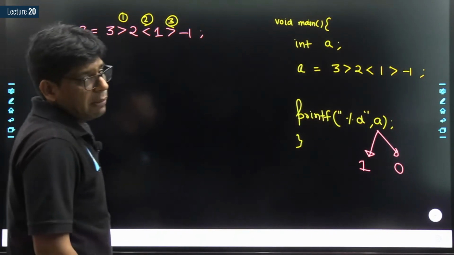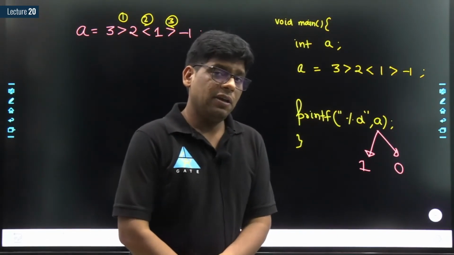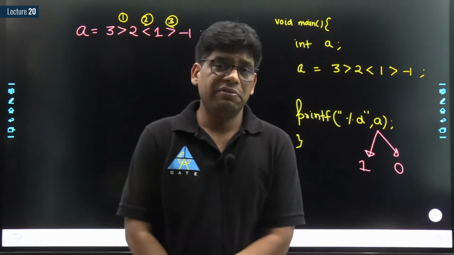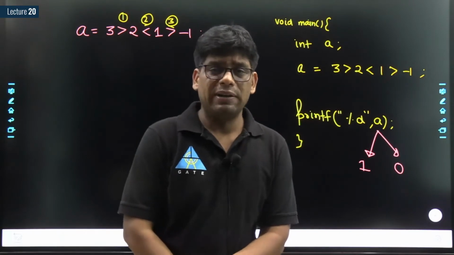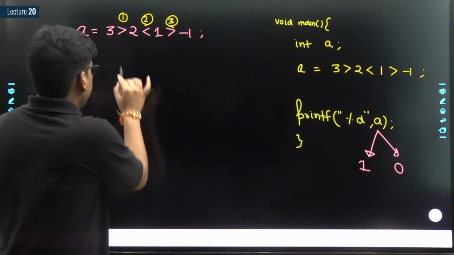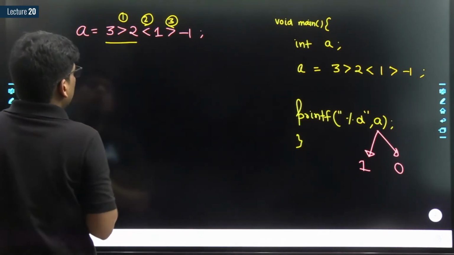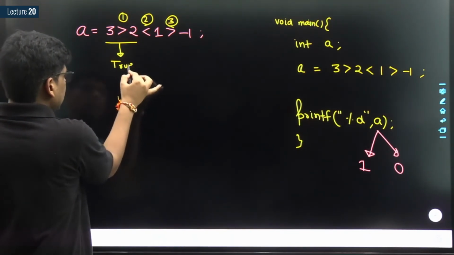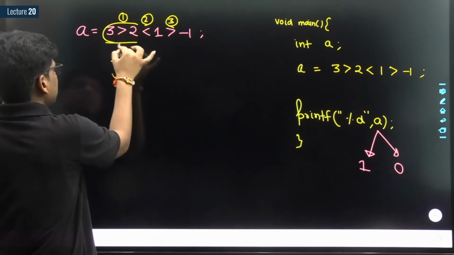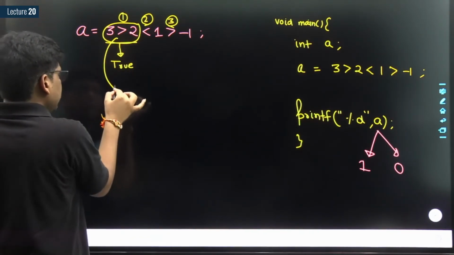Sir, when we have multiple operators with the same priority, we need to know the associativity. The associativity of all of them is from left to right. That means which operation will be performed first? Sir, this. So tell me, is it true that 3 is greater than 2? Yes, sir, it is true. If it is true, this whole expression is replaced by value 1.